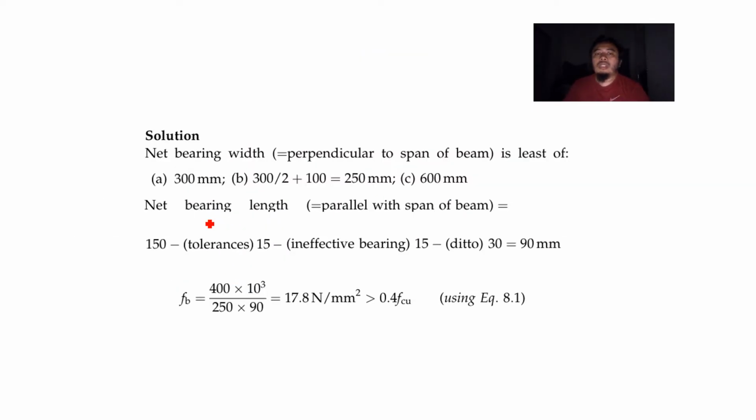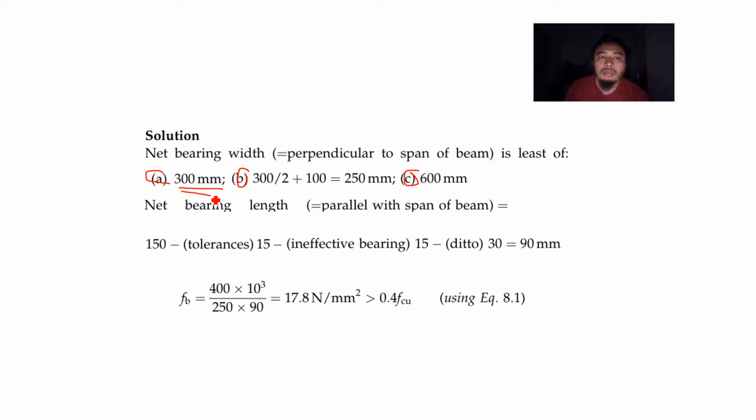So first, we calculate the net bearing width. Net bearing width is taken as the least of these three, A, B, C. We have done this before, you can take a look at example 1. The first one is the bearing width.